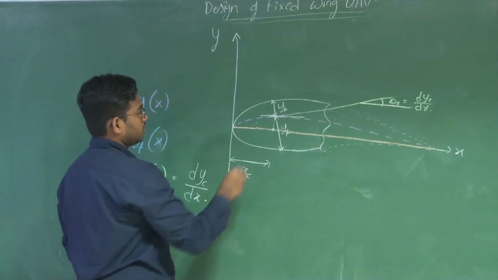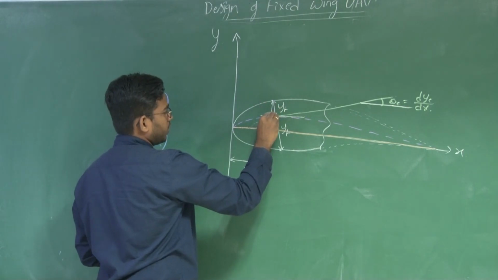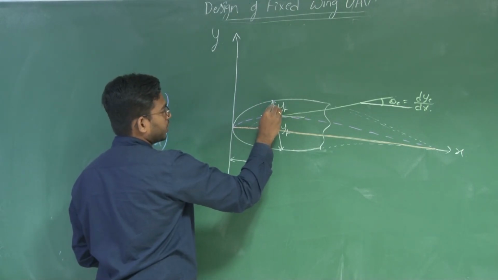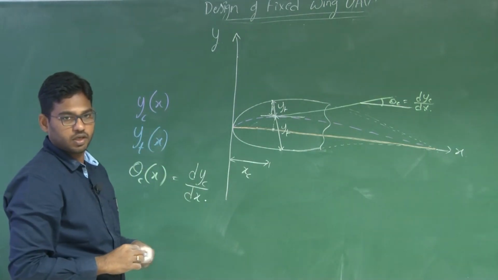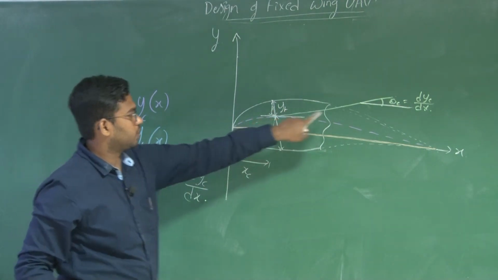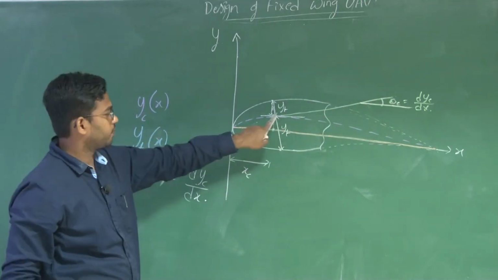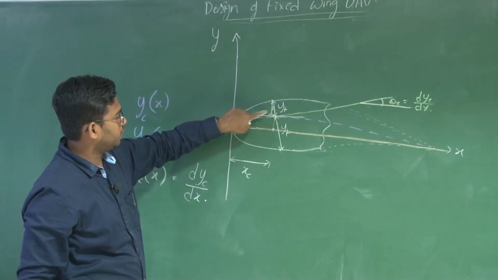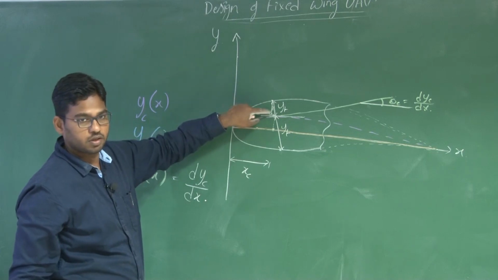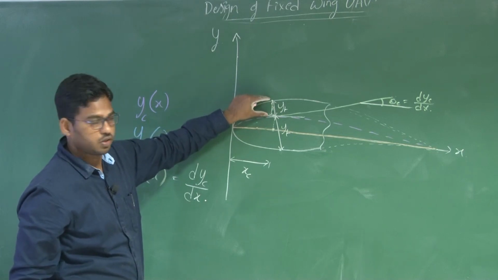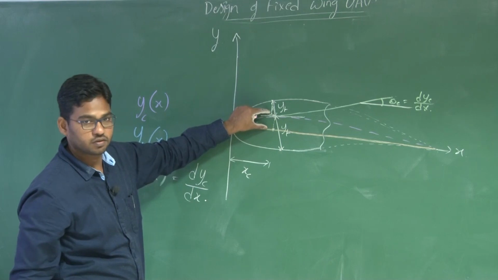So these two will be perpendicular and the corresponding angle will be theta here. This angle will be equal to this angle, whatever I have. And y of t, if I take a cos component of it, you will get this height.